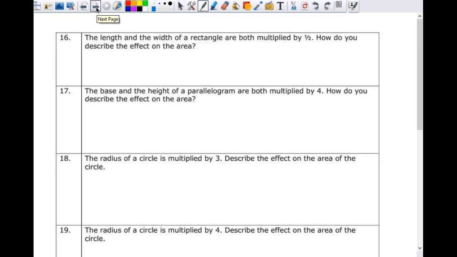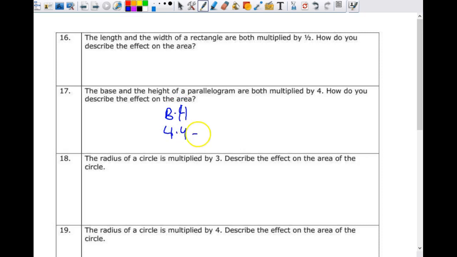All right, these ones are actually easier. It asks how does the area change? So now we're trying to find the scale factor, right? We know the base and the height of a parallelogram are both multiplied by 4. So it's going to be the base times the height, which is 4 times 4.